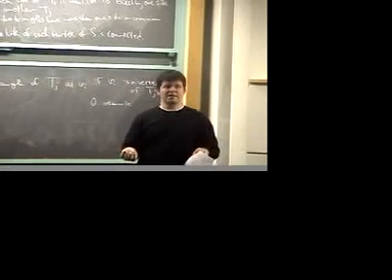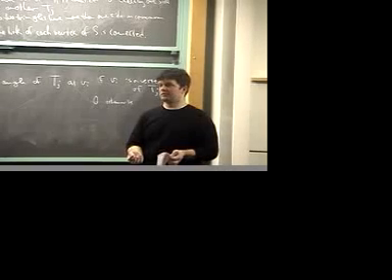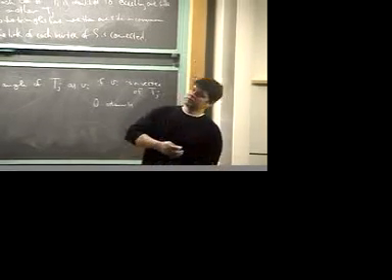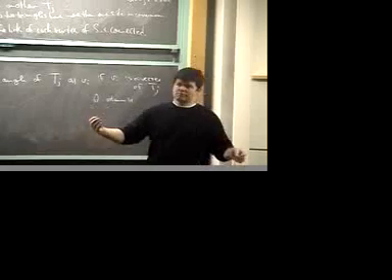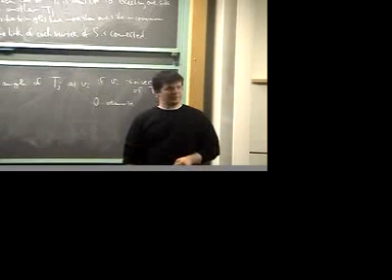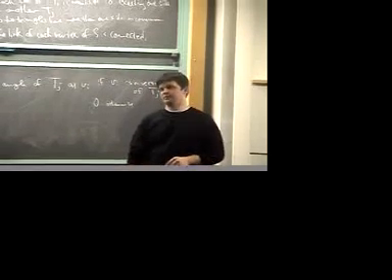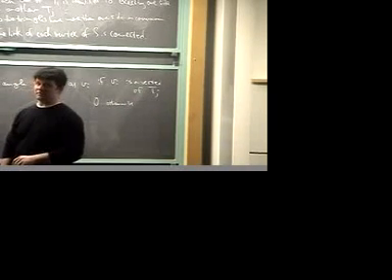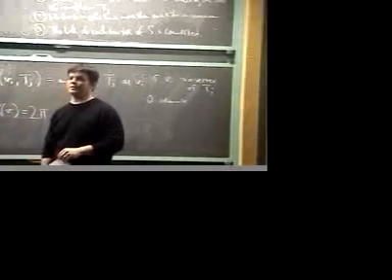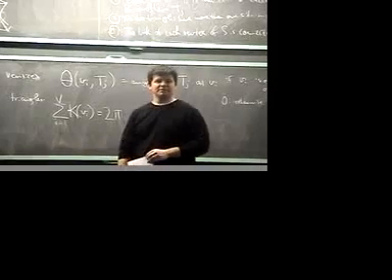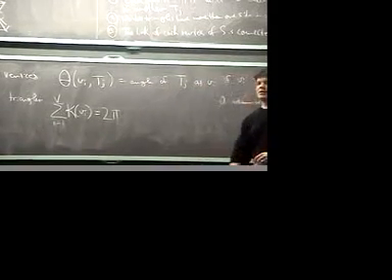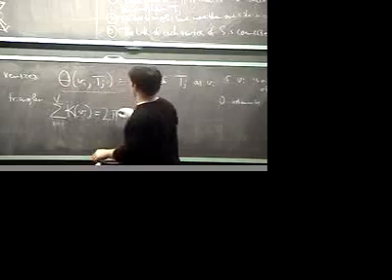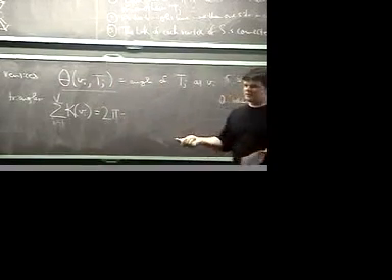Well, each vertex, how do I calculate the angle defect? 2 pi minus the sum of the angles.